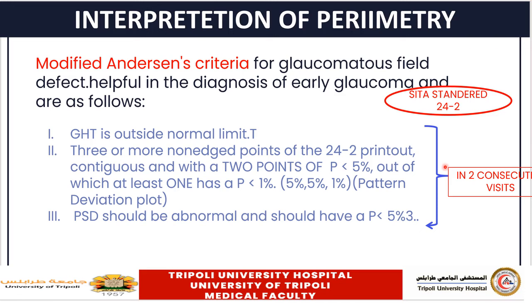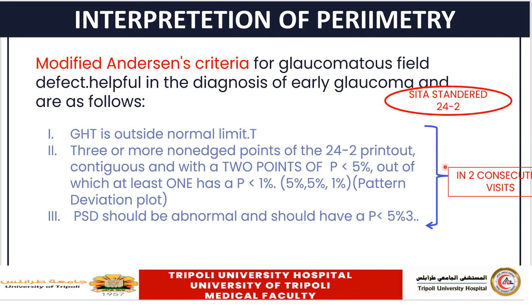However, now in recent machines, they are using the SITA standard strategy and mainly the 24-2 perimeter. So it is changed to the modified Anderson criteria, that each postgraduate student should be aware of. That's a very useful application of the glaucoma hemifield test for early detection of glaucoma.